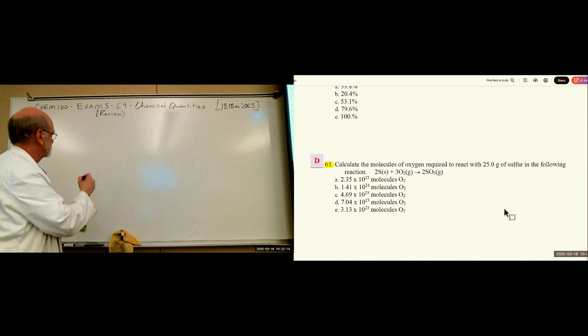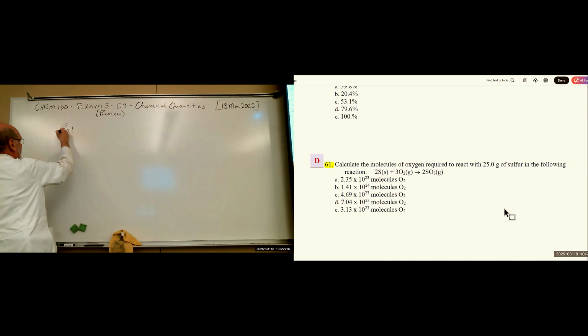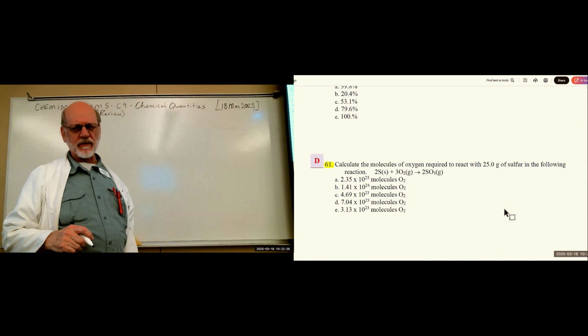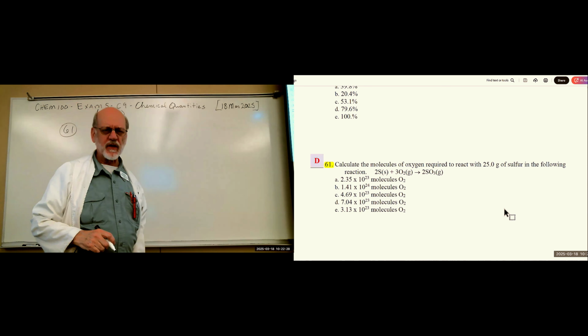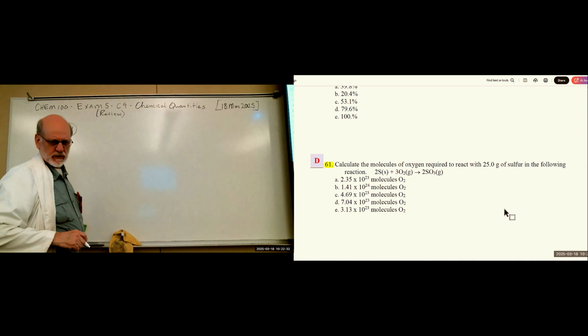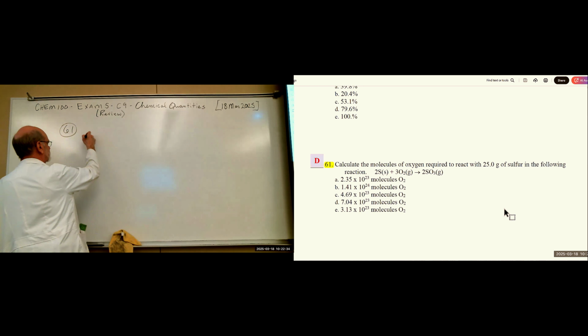61. Calculate the molecules of oxygen required to react with 25 grams of sulfur in the following reaction. Okay. So we have 2 sulfur and 3 oxygen.